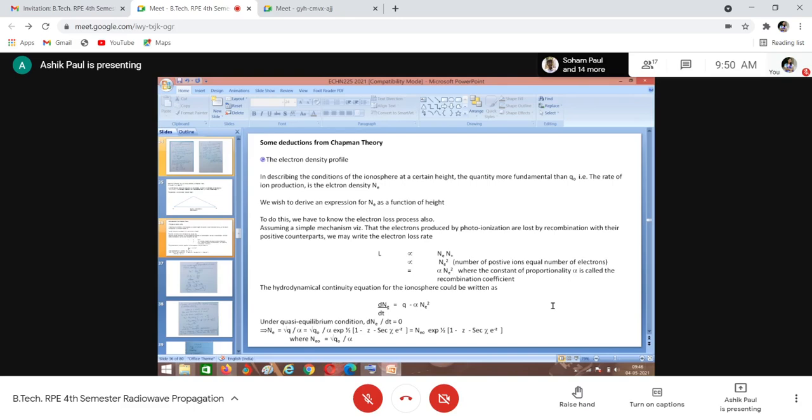But these winds in the ionized part of the atmosphere are at altitudes of at least, say, 60 to 100 kilometers above the surface of the Earth, and they blow from one hemisphere to the other during half of the year, and for the other half they blow in the opposite direction. So that also helps in redistribution of the ionization at different heights.